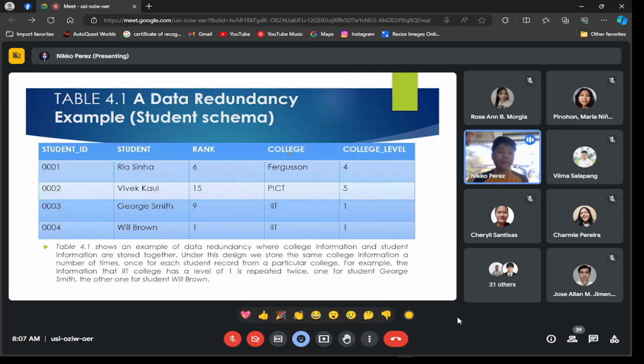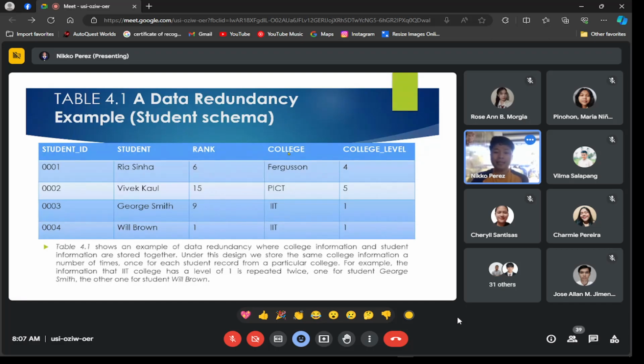So try to observe what will be the problem if we do not create a separate table for each of these entities. So we have the student and we also have the college. So observe first the schema.